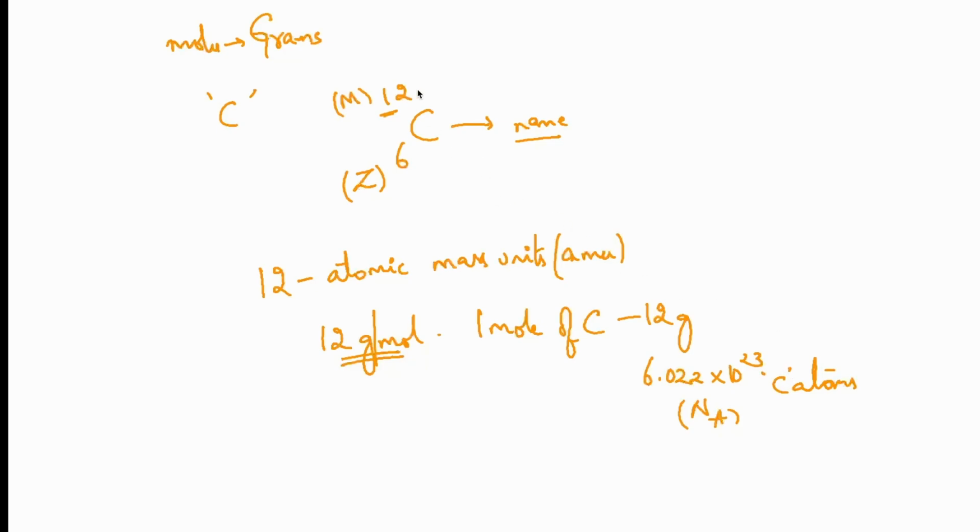So what this signifies is 1 mole of carbon weighs a total of 12 grams and would contain the Avogadro number of atoms. Okay, so 12 grams will contain Avogadro number of atoms. Half of it would contain half of the Avogadro number.